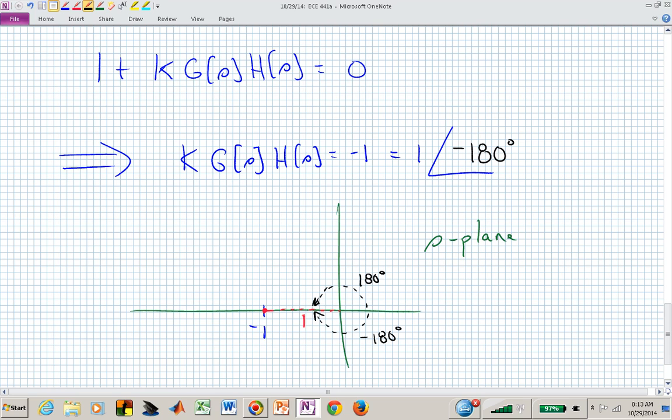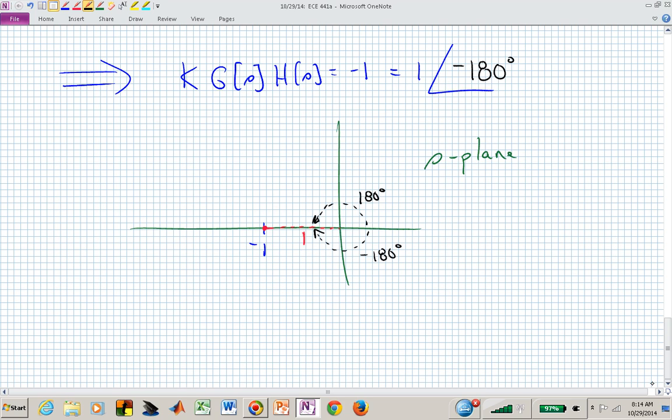You could get there going 1 at 180, but we're just agreeing that we will say -1 is now 1 at an angle of -180. All the points S that satisfy that equation will produce our root locus. In fact, that right-hand side has two parts, doesn't it? It has a magnitude piece and a phase piece. And those are our two conditions that we will use to sketch our root locus.